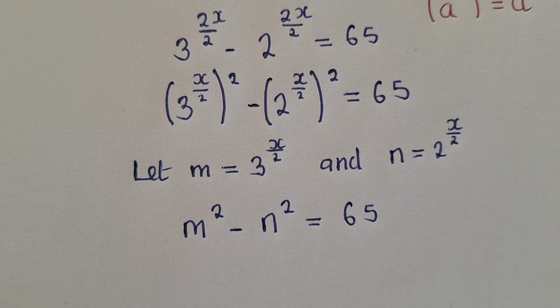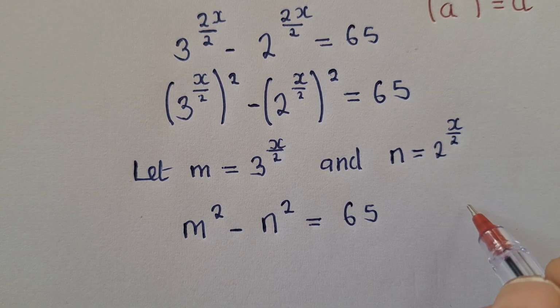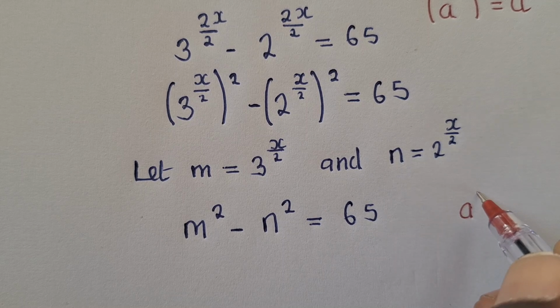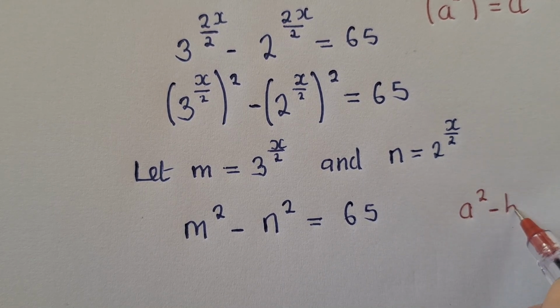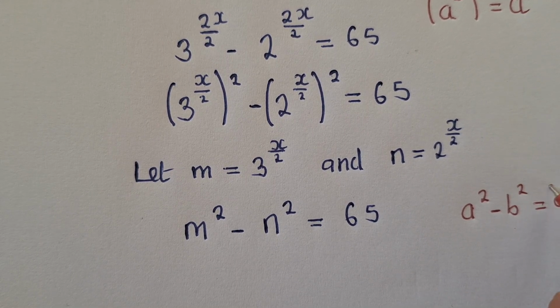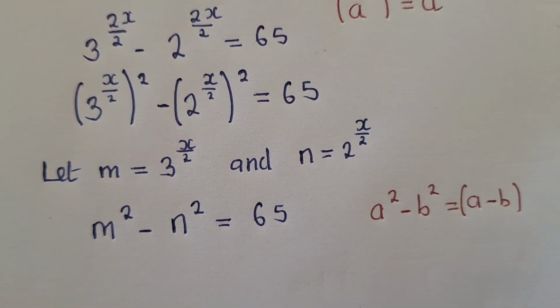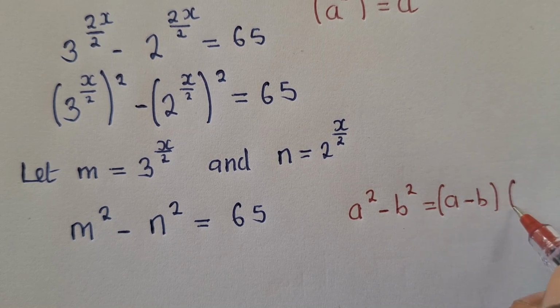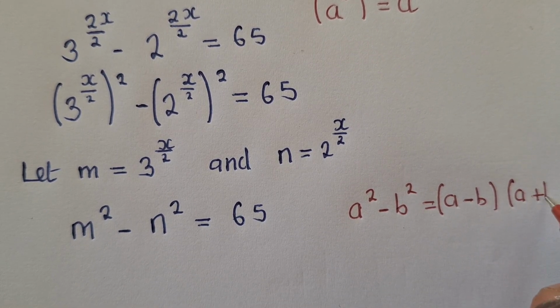So at this point, we are going to use the property of difference of two squares. When you've got a power 2 minus b power 2, you can write this as a minus b multiplied by a plus b.